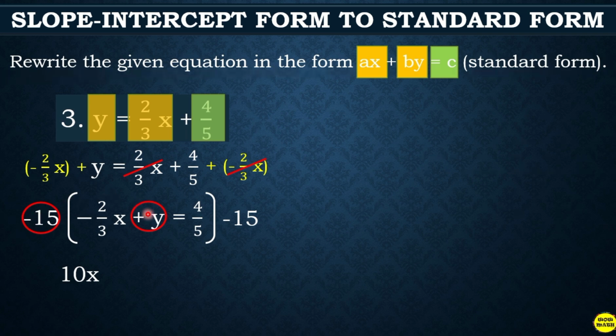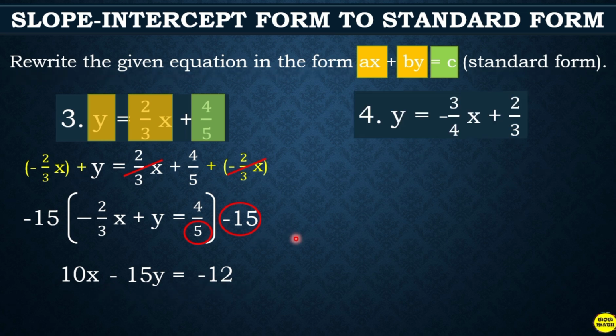Negative 15 times y, that is negative 15y. And then this one, negative 15 divided by 5, that is negative 3. So, negative 3 times 4, that is negative 12. Now, since nag-positive na tayo dito, this is our standard form. Okay? Let's have the next one.